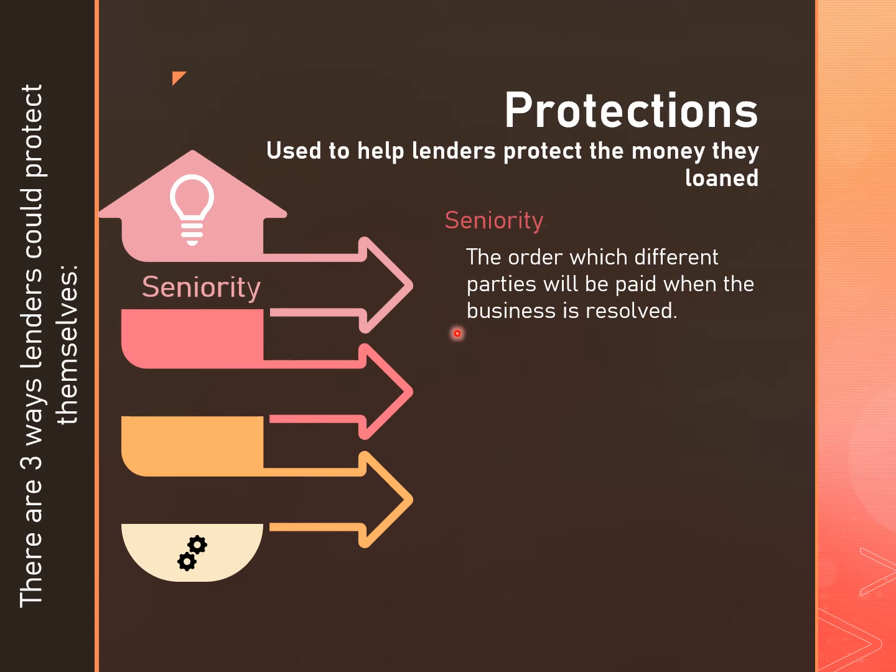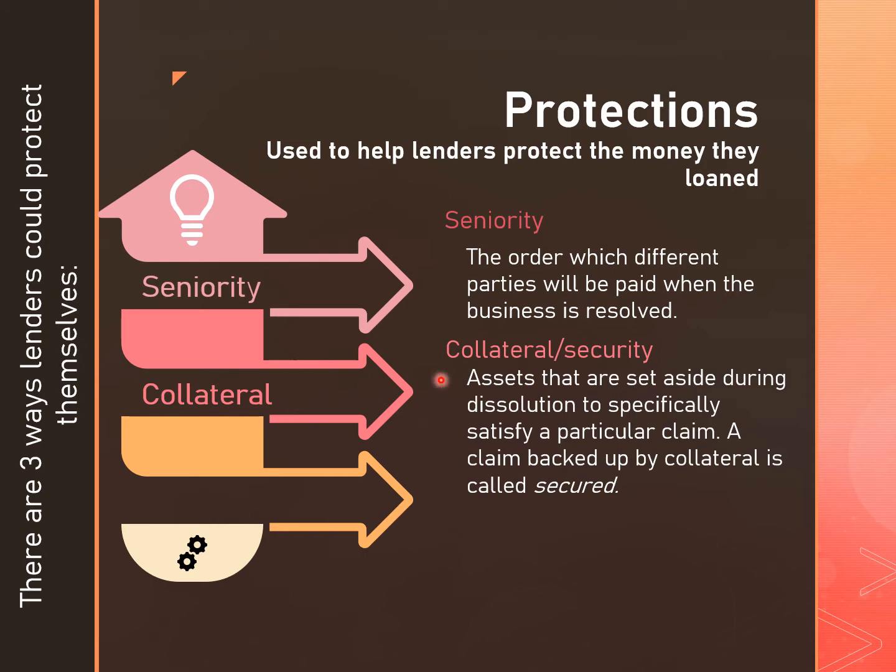Okay, so macam mana cara pembayaran lender ni dia based on seniority. Next adalah collateral. Collateral adalah aset yang kita set aside during dissolution to specifically satisfy a particular claim. So a claim backed up by collateral is called secured. Collateral ni adalah cagaran.